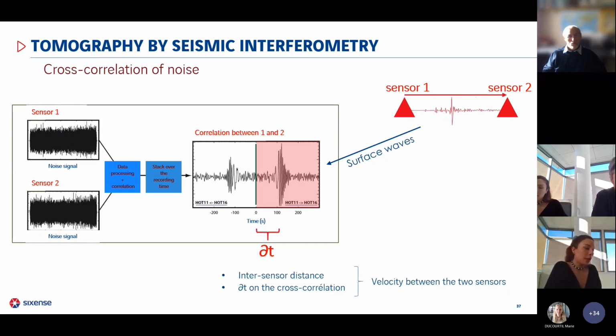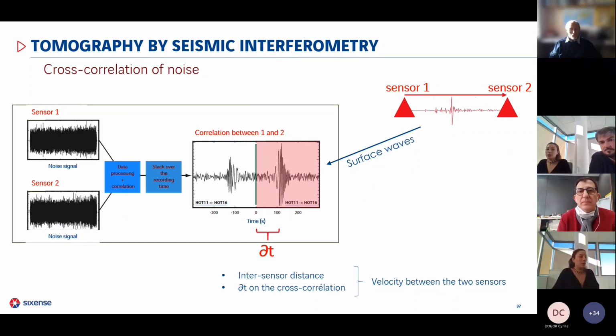But if I could add also, this misfit or the error that we could have on the data generally does not change the interpretation. It does not change drastically the values of the velocity and the global 3D model.